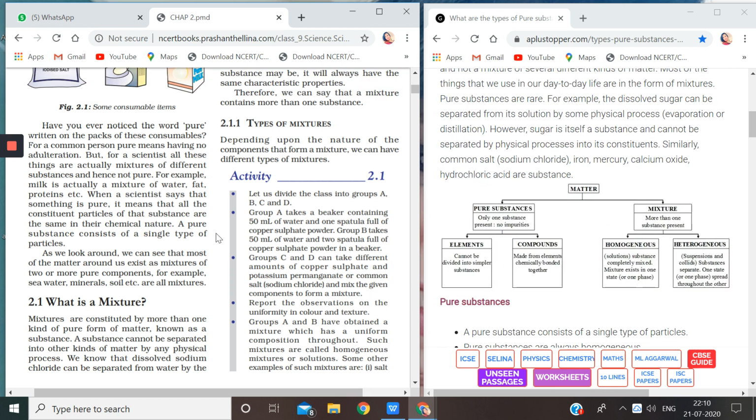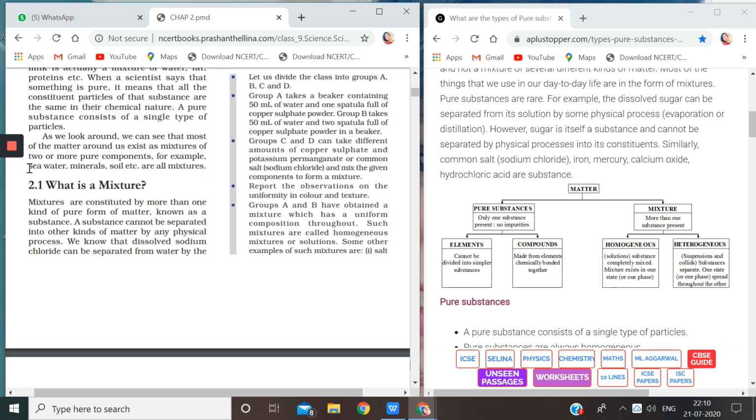What it says is, as we look around, we can see that most of the matter around us exists as mixtures of two or more pure components. For example, seawater. Now, children, have you been to the sea? Some of you might have gone, and you know that sea water is salty.